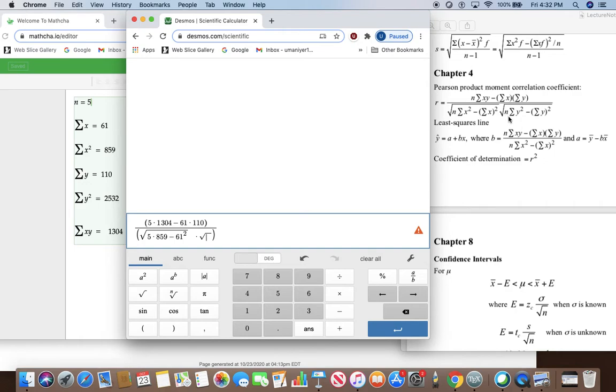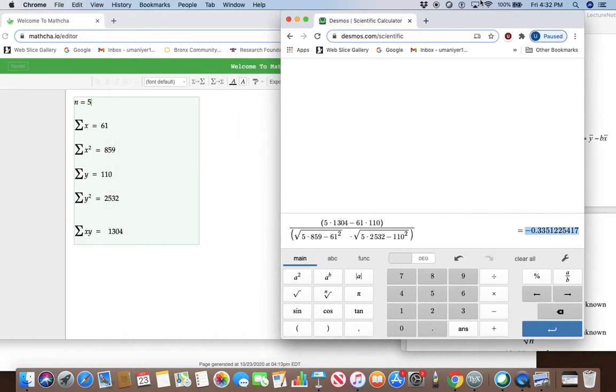The second square root is n times summation y squared, 5 times 2532, minus summation y squared, 110 squared. All right, we did all this, and that's it. That is your R. So R is negative.